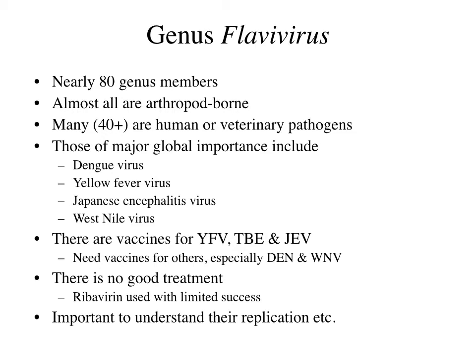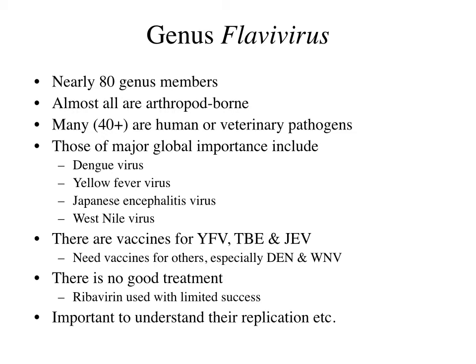Many of them are significant human and/or veterinary pathogens, and some of them have major global importance, including dengue virus, yellow fever virus, Japanese encephalitis virus, and West Nile virus. There are vaccines available for some of these, including yellow fever, Japanese encephalitis virus, and tick-borne encephalitis.